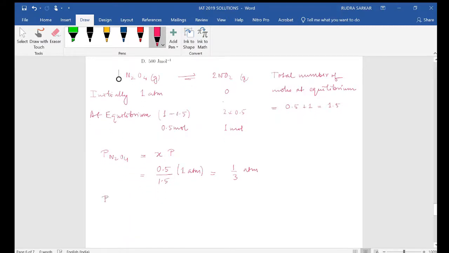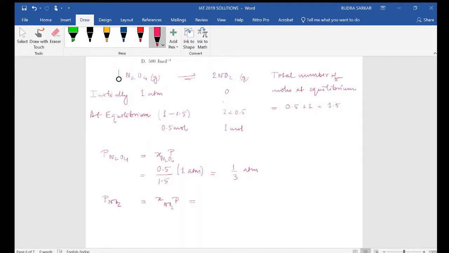Similarly, for PNO2, it is going to be X into P. So this is X for N2O4. This is X for NO2.